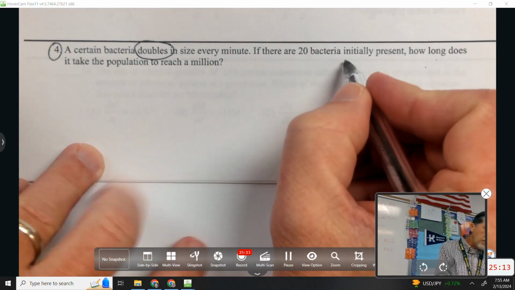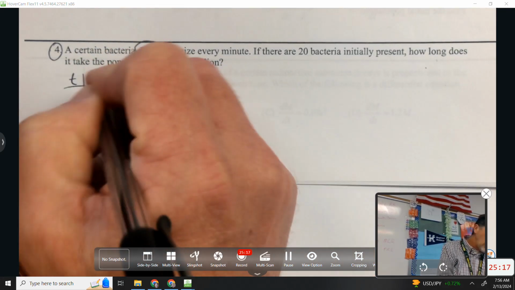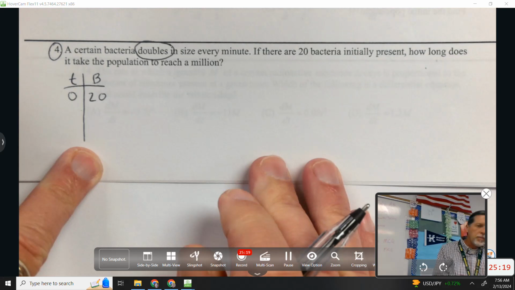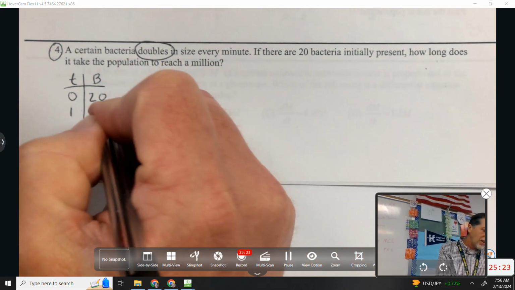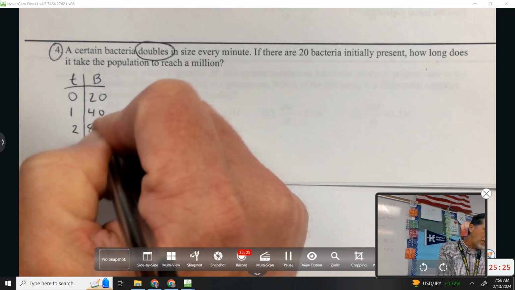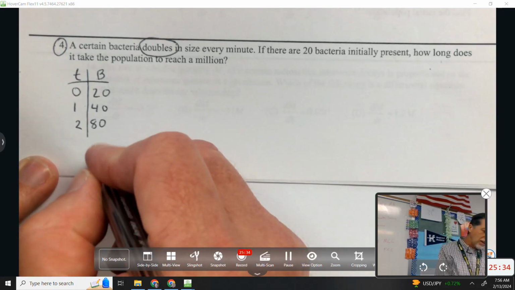If there are 20 bacteria initially, there's 20, and I know it doubles every minute, so I could add some pieces here. After a minute it's at 40, after 2 minutes it's 80, and so on. How long does it take the population to reach 1 million?